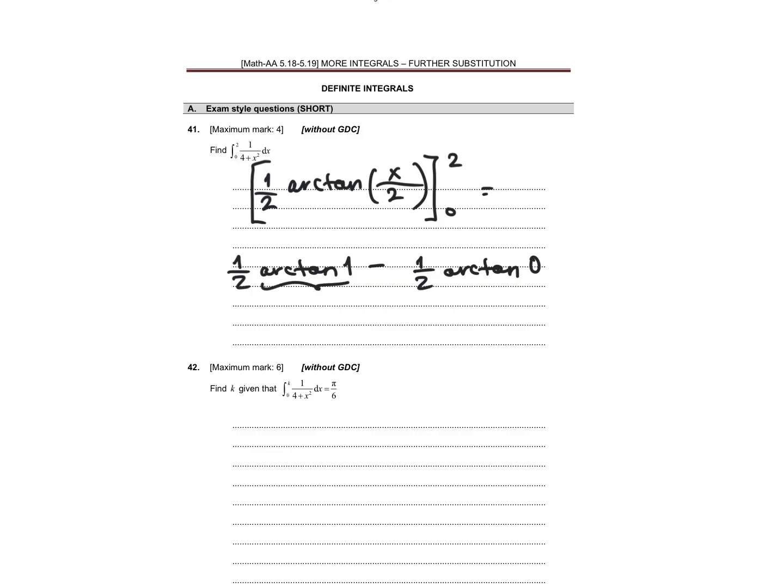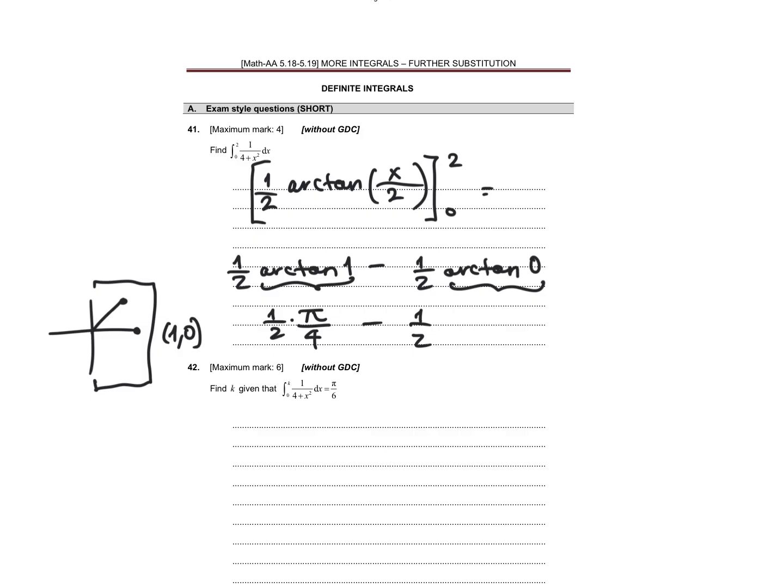So we've got 1/2 times pi over 4 here, because that's root 2 over 2, root 2 over 2. And then minus 1/2. When is tangent 0? Remember, tangent is just here. That point is 1, 0, and that is at 0. So this is times 0. So this is just pi over 8.